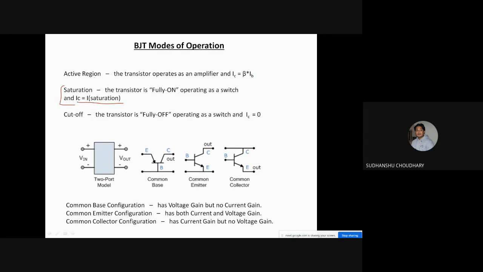In the active region, the collector current changes with the base current, so for amplification one can utilize the active region. But in the saturation region, whatever the base current is, the collector current will not change. It will still be VCC by RC, the maximum collector current.